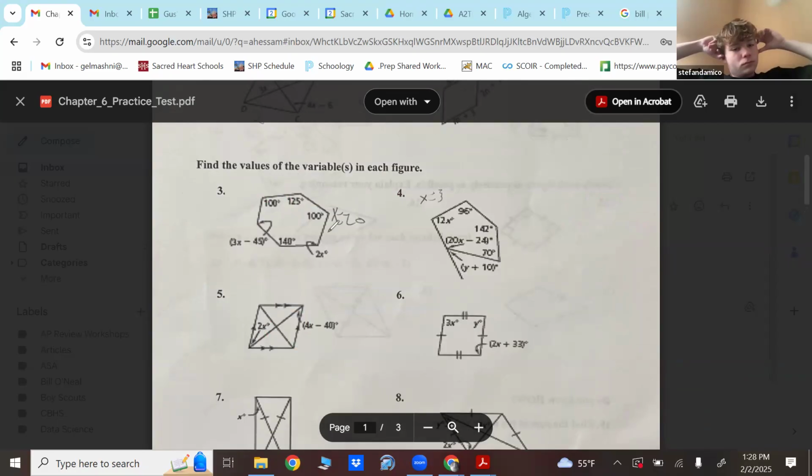Okay, how many sides is that? 6. So remember, you have to do n minus 2 times 180 to find the sum.